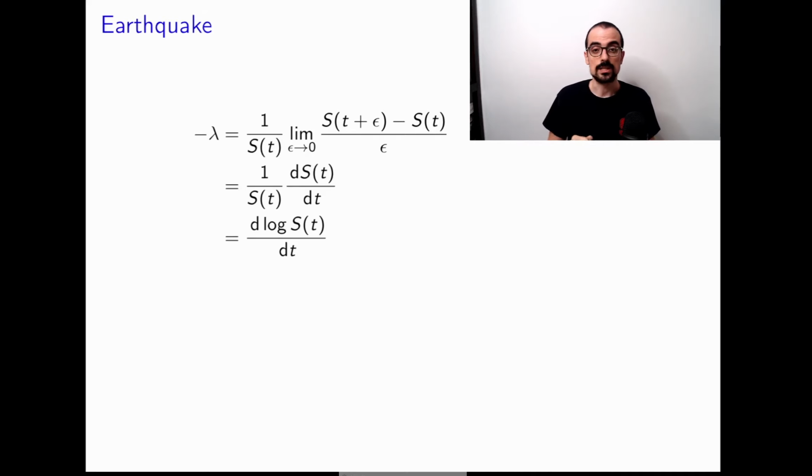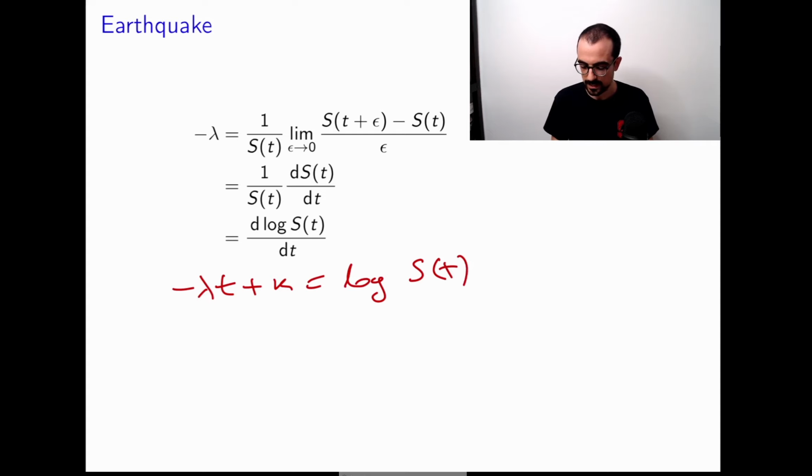So now we can integrate on both sides. If we integrate on both sides, we're going to get minus lambda t plus some constant k is equal to log of S of t. And now we can take exponentials, and we're going to get that exponential of k times exponential of minus lambda t is going to be equal to S of t.